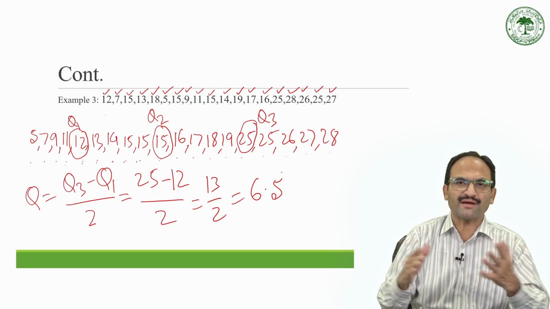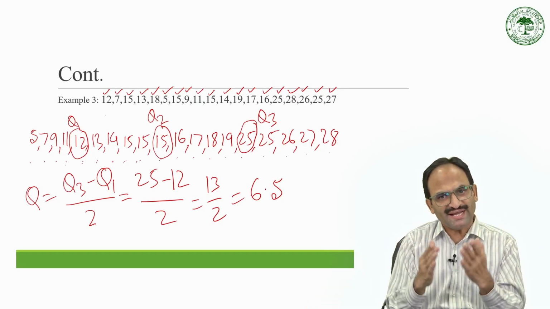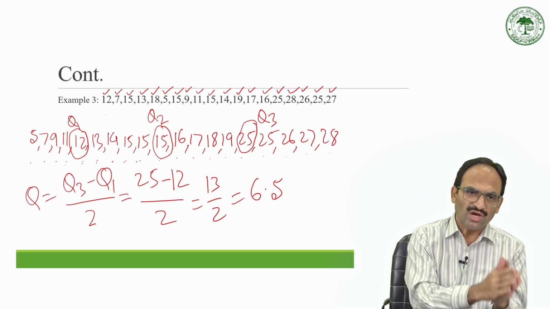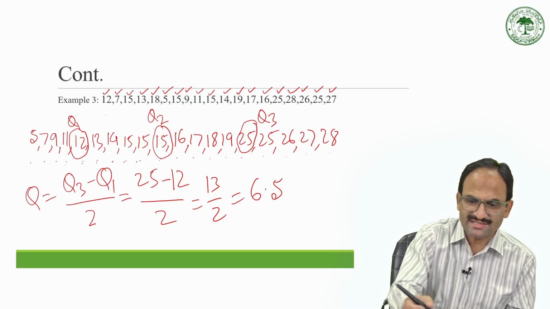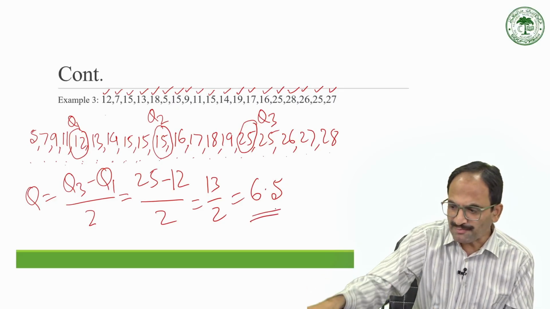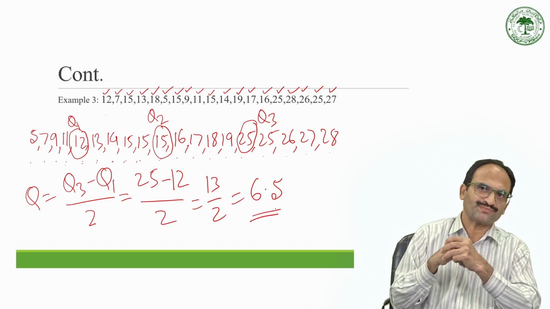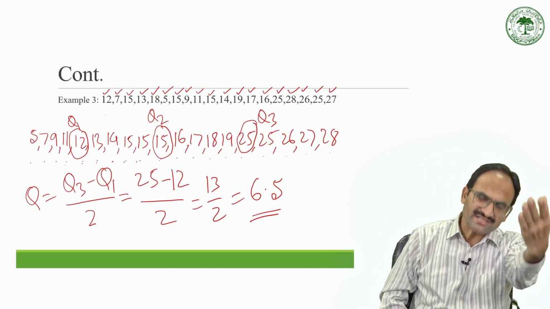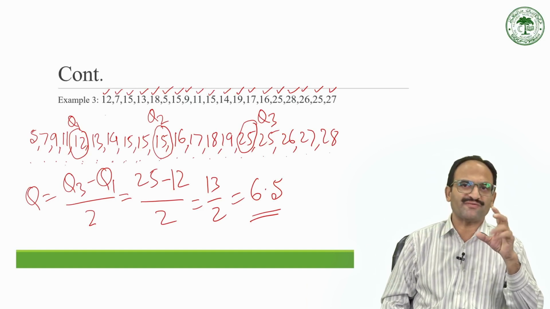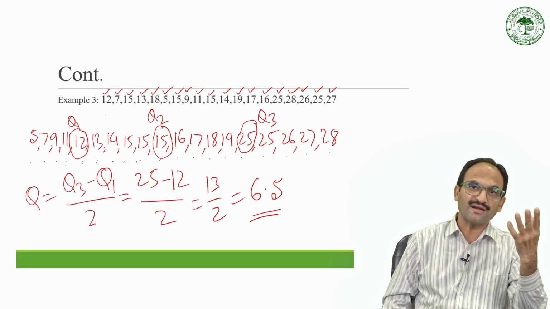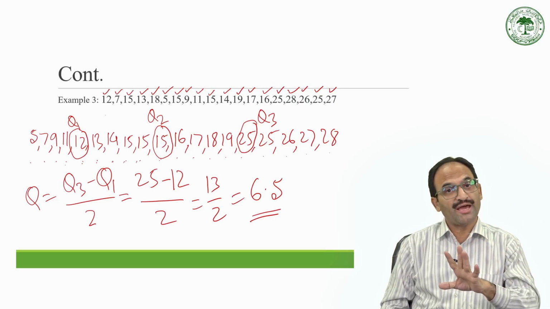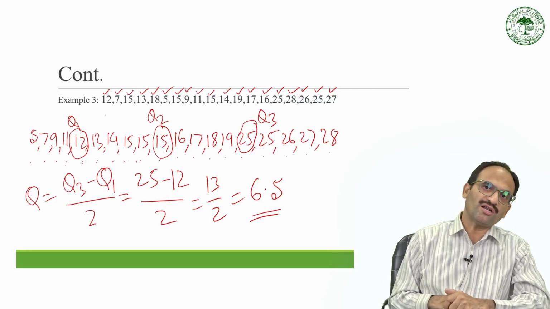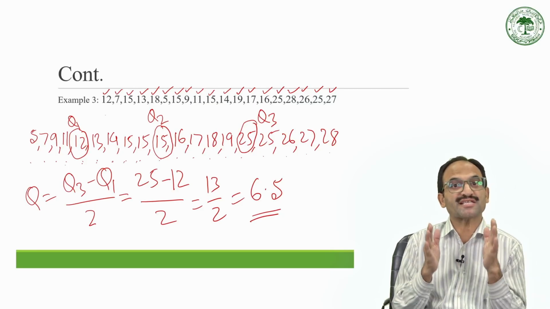Now one thing that I wanted to explain through this, finally you have got your quartile deviation as 6.5. In the previous two cases, in the first case we got our quartile deviation as 2. In the second case we got the quartile deviation as 2.5, but here we have got the quartile deviation as 6.5.